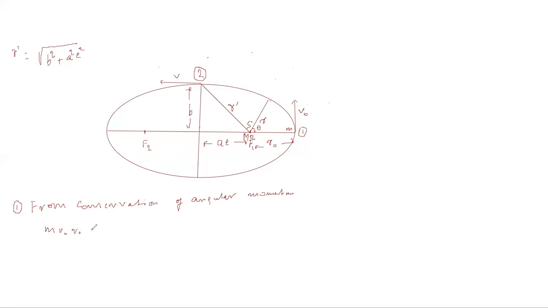So the angular momentum is linear momentum m v naught times r naught.